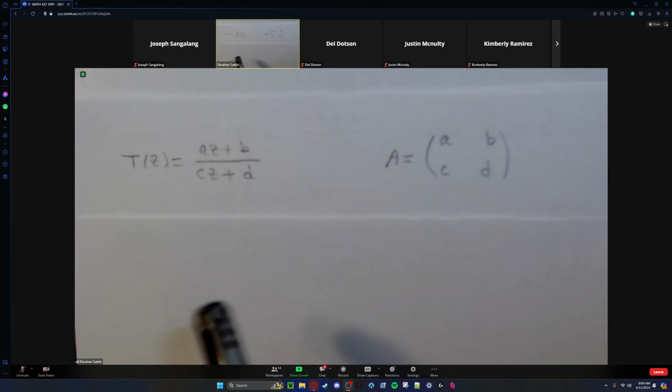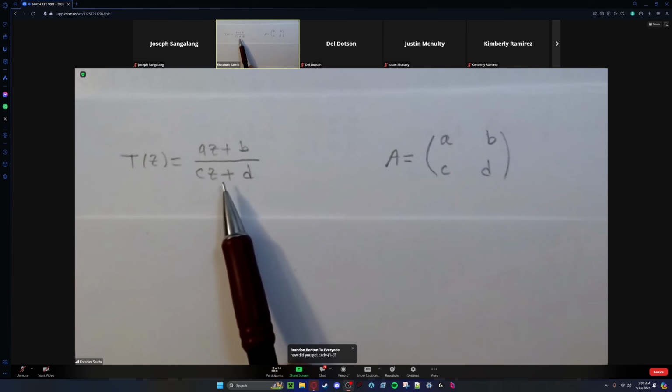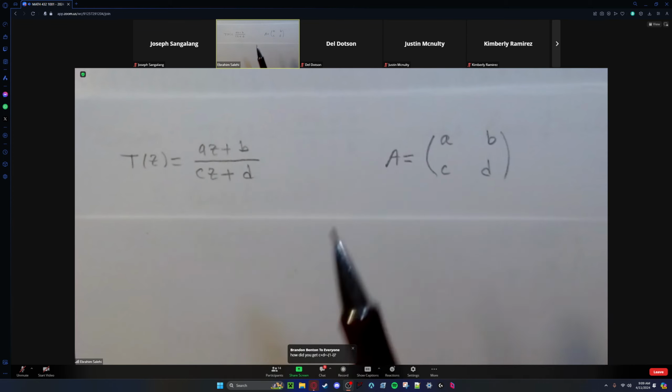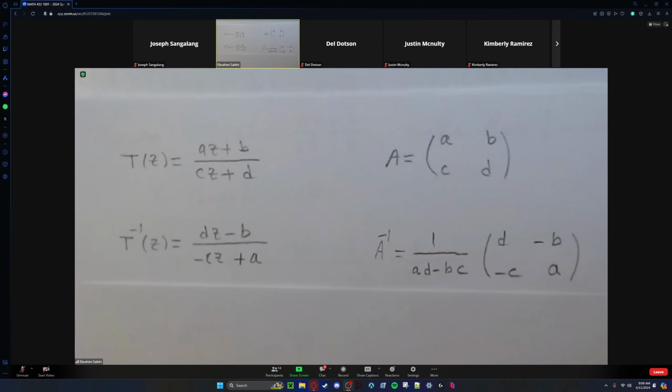Okay, here is what I said. There is a sort of connection between linear transformations and invertible 2x2 matrices. So the inverse of A is this one, right? So look at this inside the matrix.